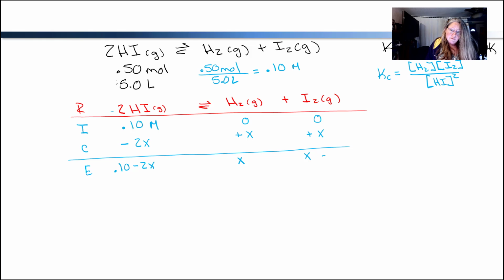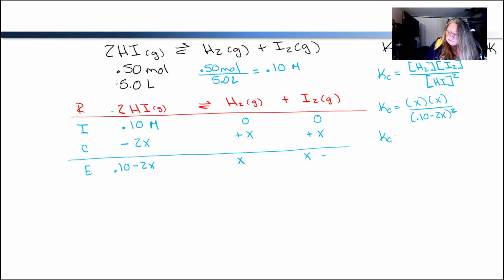All of these values in this last line then go into our Kc equation. So I get Kc equals x for H2, x for I2, divided by 0.10 minus 2x, and that quantity is squared.